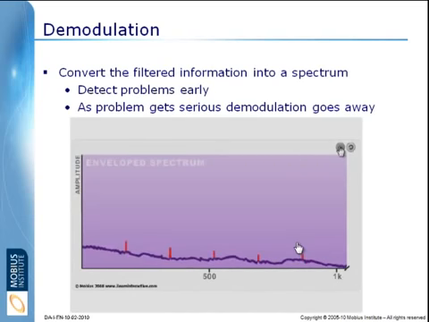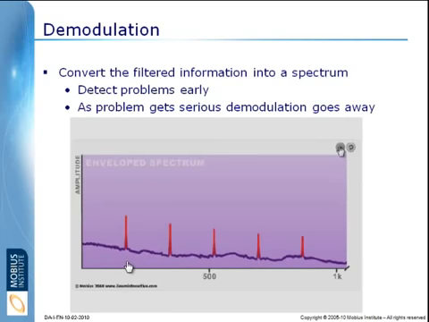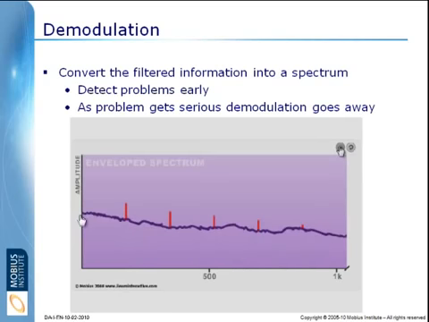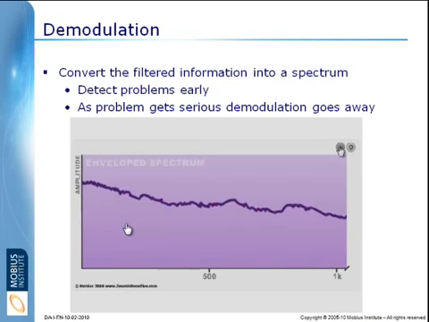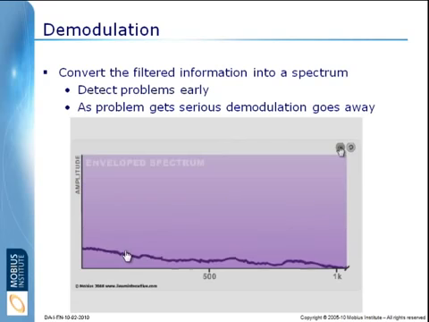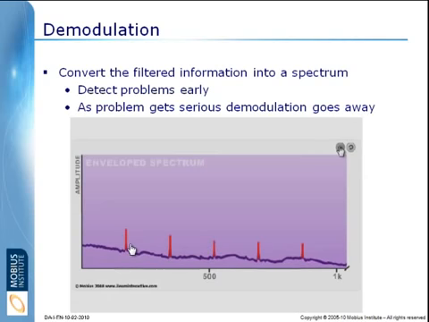Okay, this information can be presented in what's called a demodulated spectrum, or an enveloped spectrum, and this is frequency versus amplitude. What we can see here is the frequency, or the rate at which that defect is getting struck.